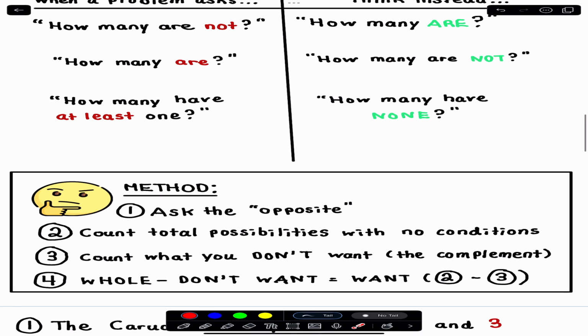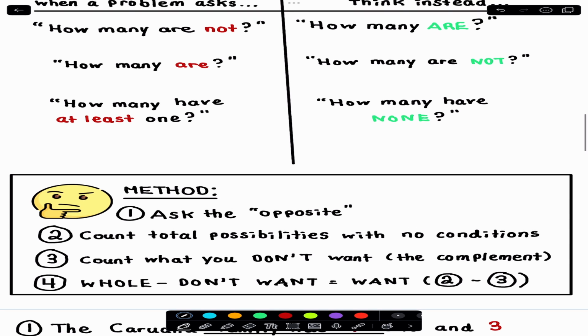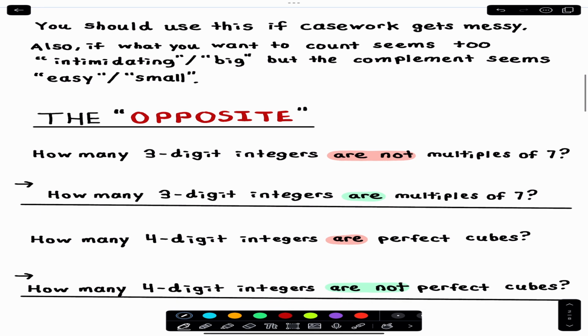The first thing we're going to do is ask ourselves the opposite. I put opposite in quotes because that's not really the correct, precise term in math. In math, what we call the opposite is actually something called the negation, if you're really interested.